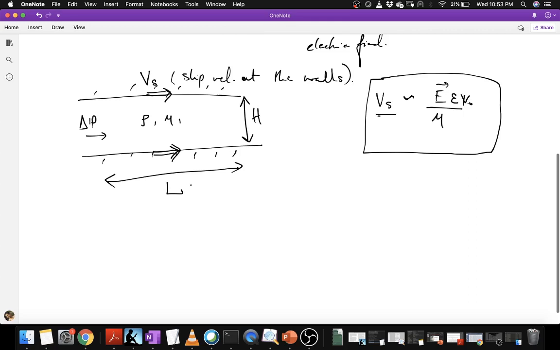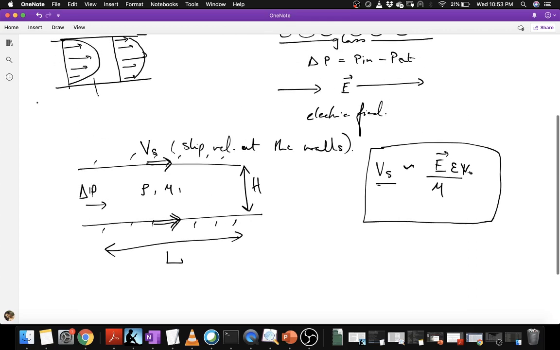All right, so this is the mathematical problem that we are interested in, or the model problem, motivated by our situation of a combination of pressure driven and electro-osmotic flow.